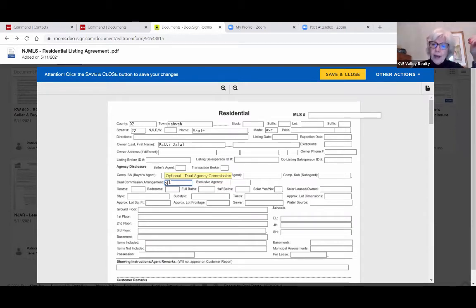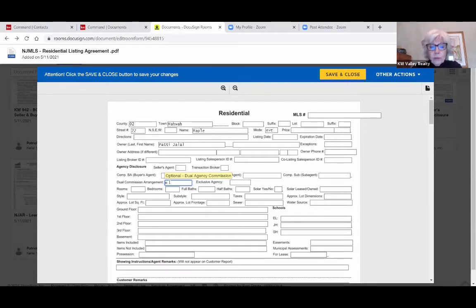If you have to do that to get a listing, I want you to rethink your listing presentation to see where there might be a gap in the value perceived by a seller. Because you're going to be doing a tremendous amount of work when you are a single licensee dual agent, one license doing both jobs. So I like to see you put no.